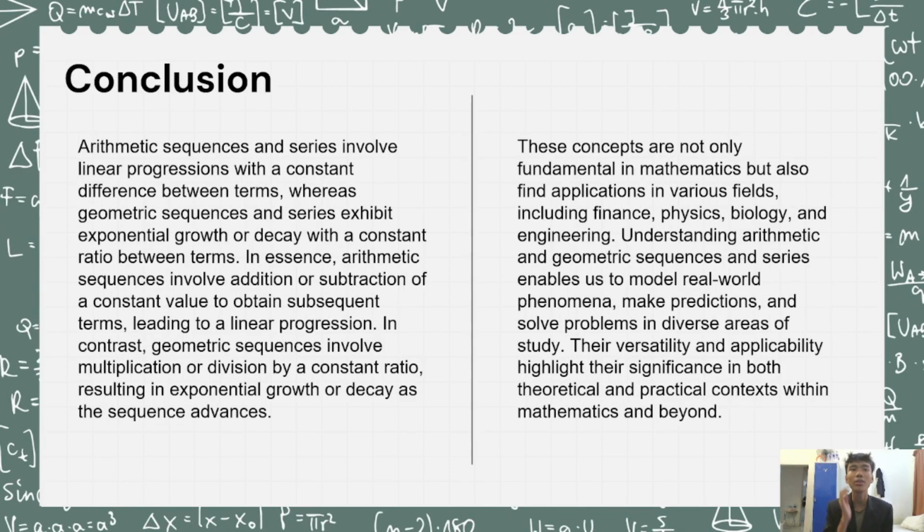So next, we look at the conclusion. Arithmetic sequence and series involve linear progression with a constant difference between terms, whereas geometric sequence and series exhibit exponential growth or decay with a constant ratio between terms.